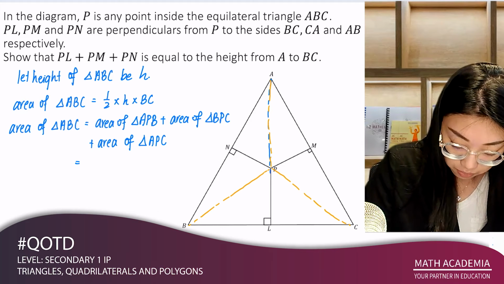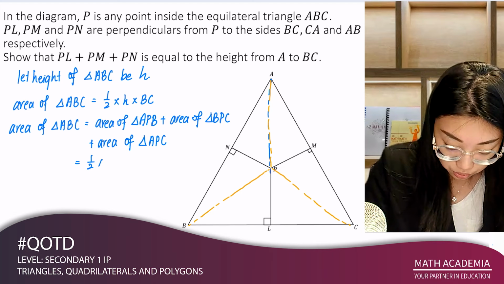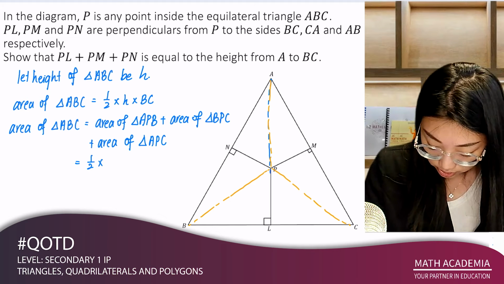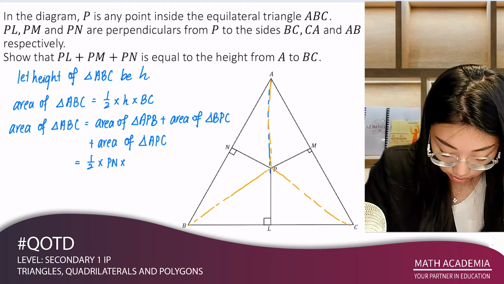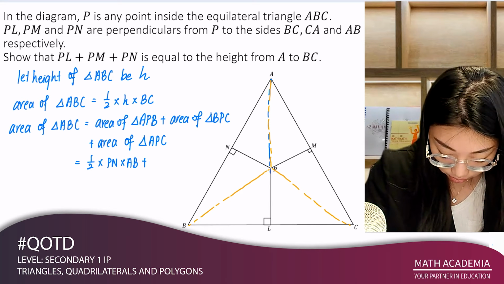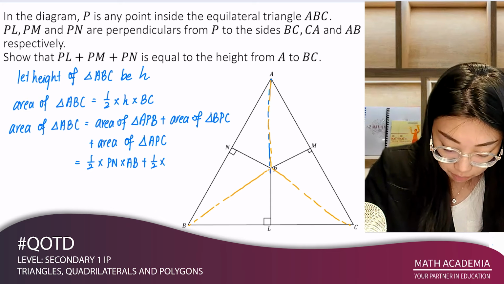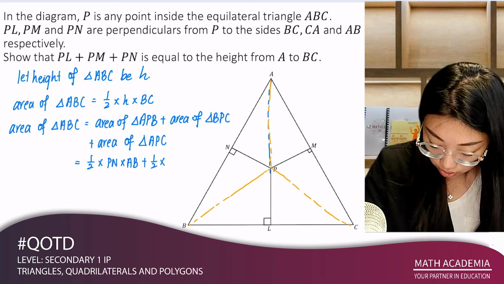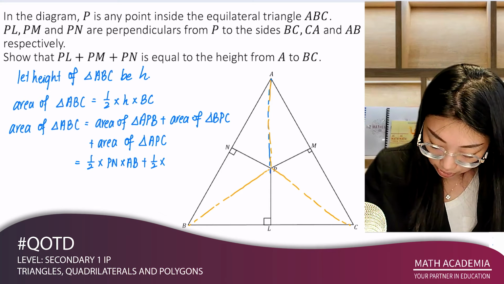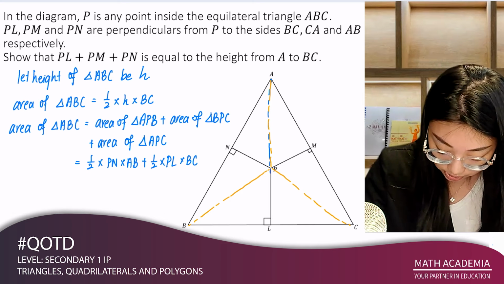Alright, so this would mean the area of triangle APB would equal half times PN times AB. The area of triangle BPC would give me half times PL times BC.